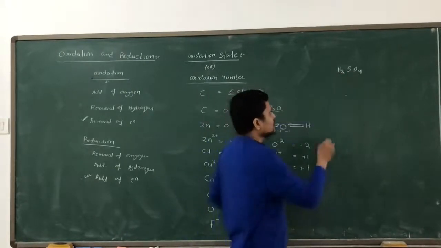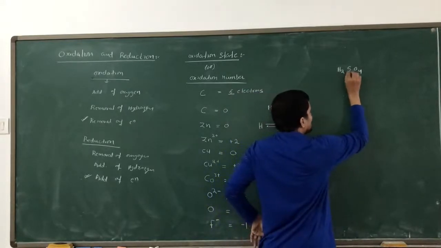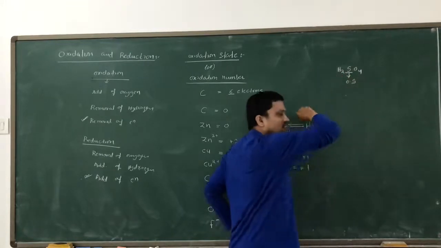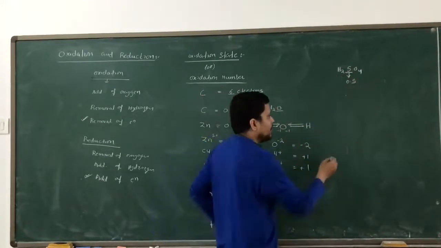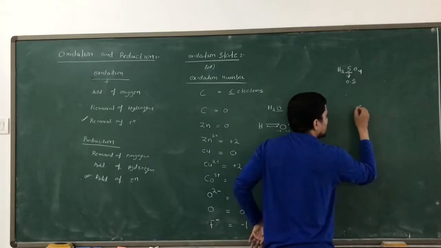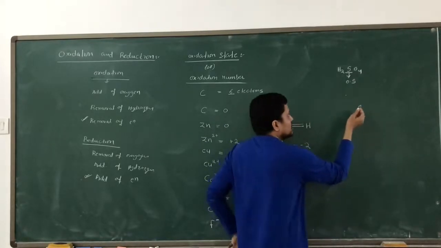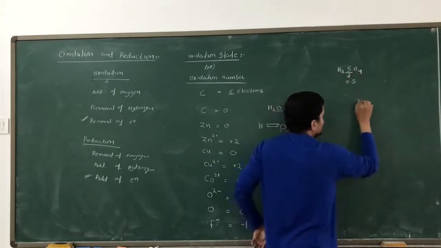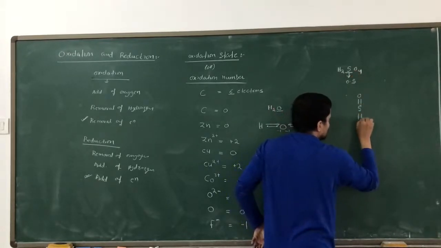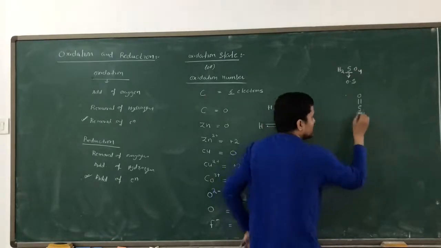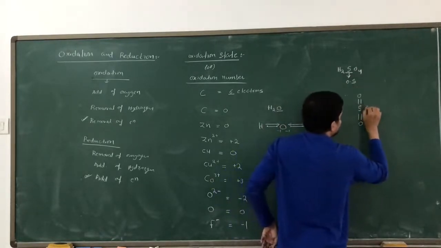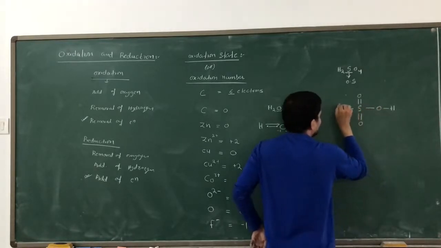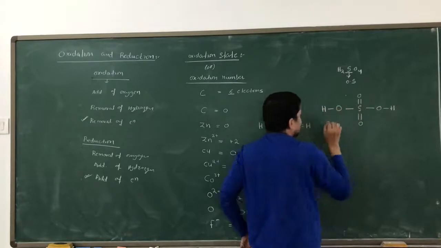For this compound, the central atom is sulfur. If they are asking what the oxidation state of sulfur is in this compound, then we can find it better if we are able to draw the structure. Here we have sulfur and 4 oxygens. One oxygen, second oxygen, and here a third oxygen as well, and 1 oxygen having hydrogen, and here 1 more oxygen with one more hydrogen.